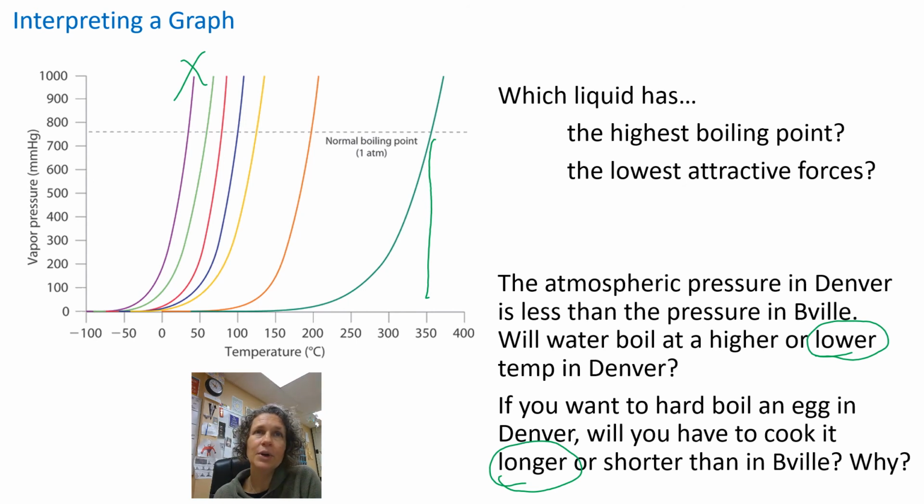When I hard boil an egg, after the water comes to a boil, I boil it for 10 minutes, and it is hard boiled. In Denver, I might have to boil it something more like 12 or 15 minutes. That's because it's going to boil at a lower temperature, so it hasn't actually gotten to the 100 degrees that I'm used to.